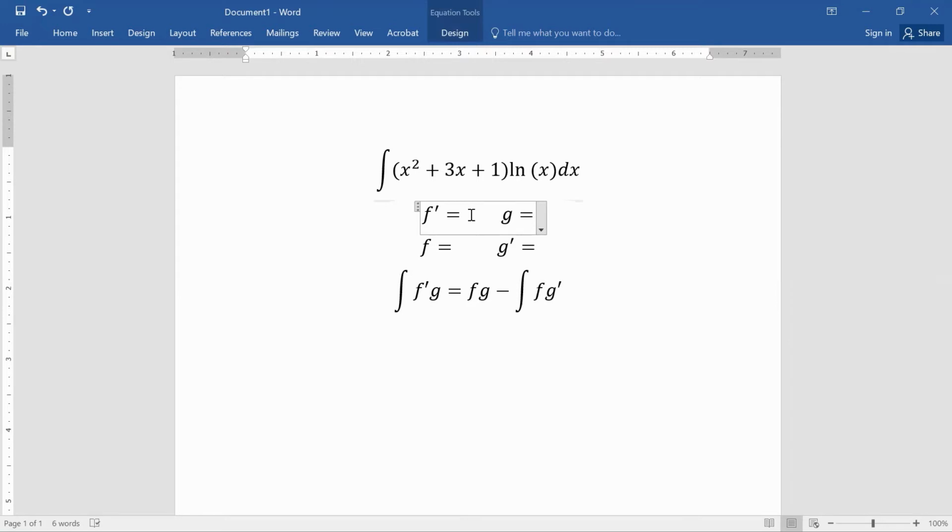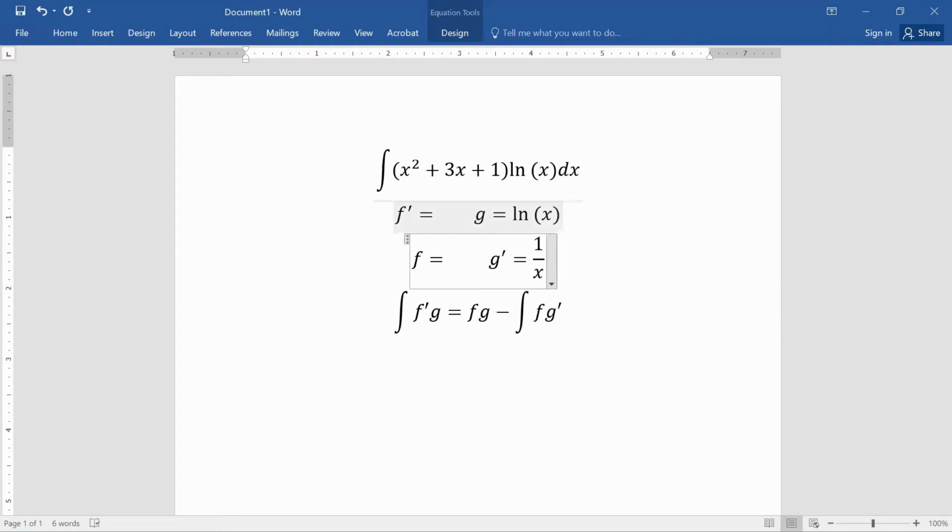So we're going to put the natural log into g so that when I take a derivative, the derivative is 1 over x. That is going to force the polynomial to be my f prime. x squared plus 3x plus 1 is my f prime.